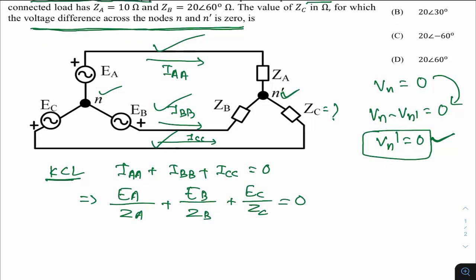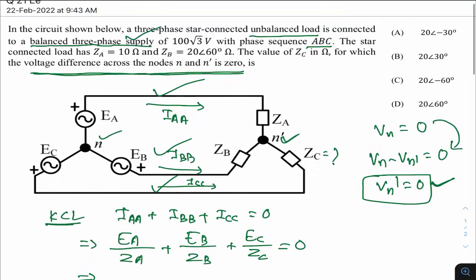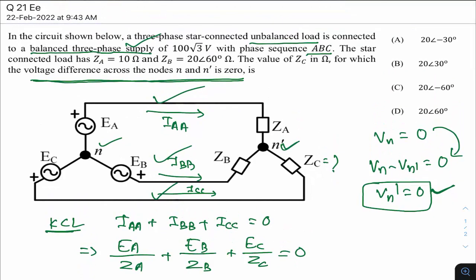Now we have to substitute the values which are given, and we can proceed accordingly. What is EA? It is 100 root 3, as given, and the sequence is ABC. So let's assume EA is 100 root 3 at an angle of 0.